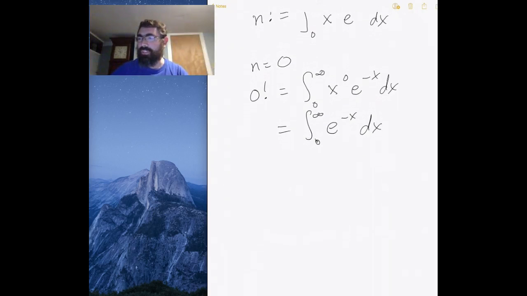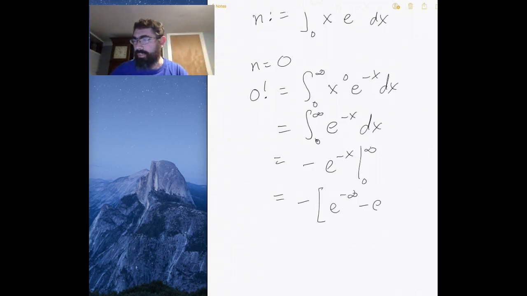If I take that integral, I now get minus e to the minus x evaluated at the limits of 0 to infinity. So let's put those limits in. I get minus e to the minus infinity plus e to the 0. We already said that e to the minus infinity is 0, so that disappears.